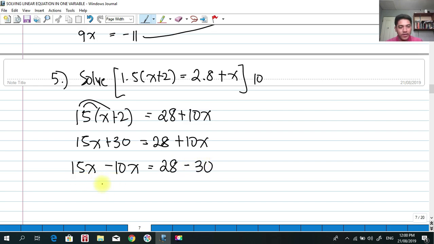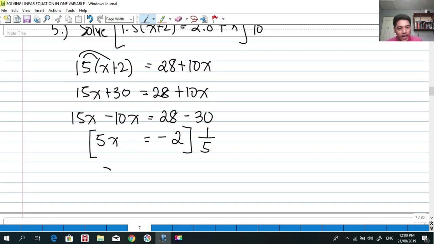So 15x minus 10x is 5x, and 28 minus 30 is negative 2. Please be careful, that is a negative 2. And of course, we just want x here, so we multiply both sides of the equation by 1 over 5. Hence, we got a value of x equal to negative 2 over 5.